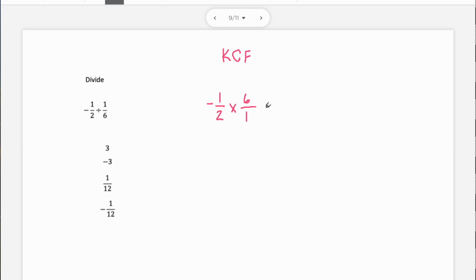So we're going to multiply. We have a negative times a positive. We know our answer is negative. 1 times 6 is 6 on the top. And 2 times 1 is 2 on the bottom. Now look at your answers over here. I do not see -6/2, so we need to simplify. We're trying to think of a number that can be divided into both the numerator and the denominator evenly. I see that both numbers are even numbers, so I'm going to divide by 2.